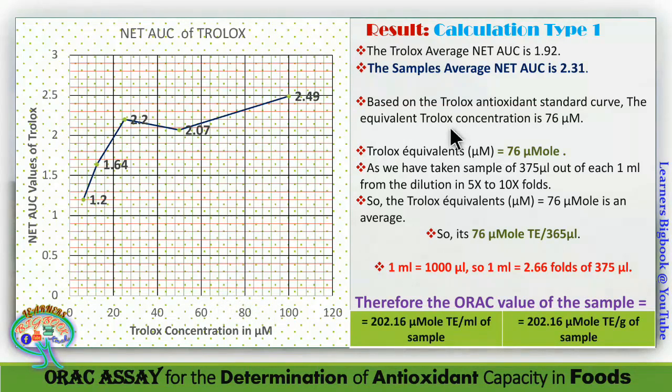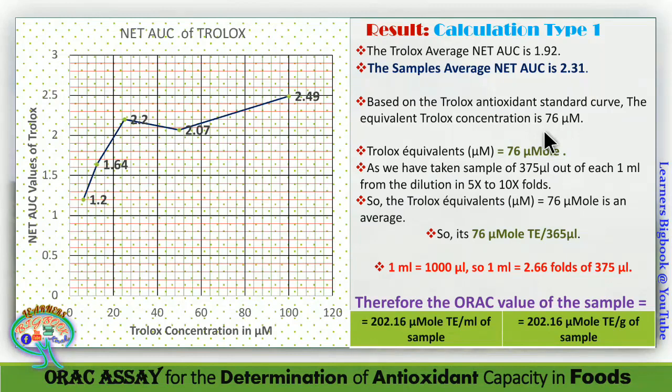The antioxidant concentration in the sample is 76 micromolar. Now, this 76 micromolar concentration will be for 365 microliters of the sample. In the protocol you can see that we have taken 375 microliters of the sample itself.